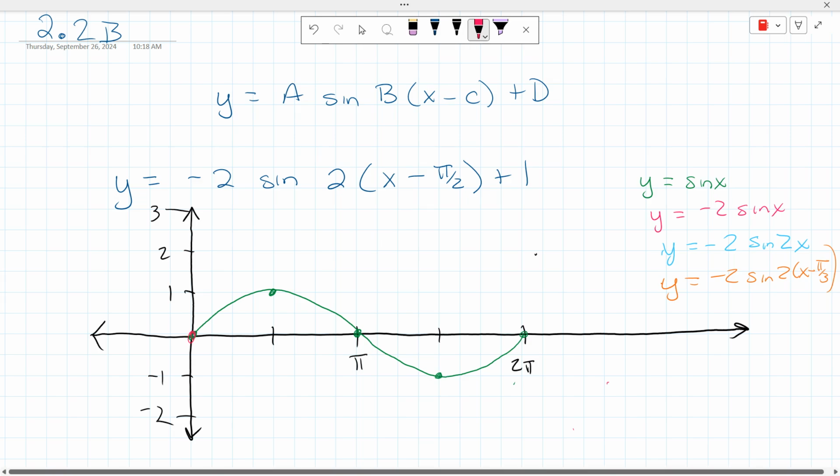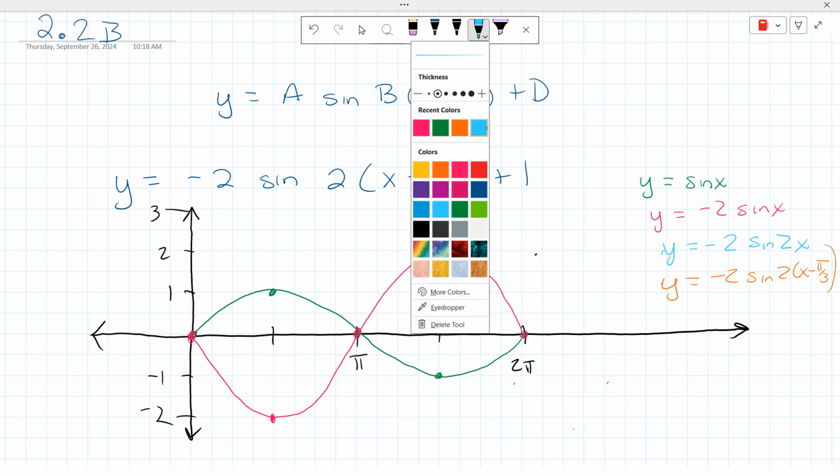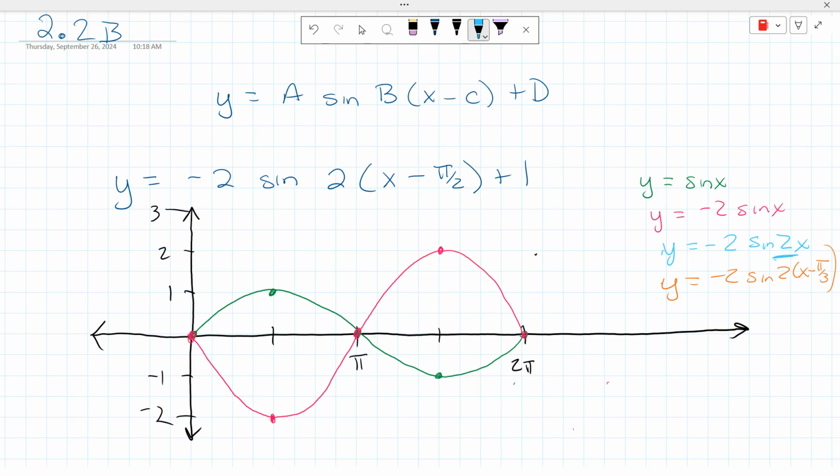Vertically. So 0 times -2 is 0. 1 times -2 is -2. And then 0. -1 times -2 is a +2. Then back to 0. Looks something like that.